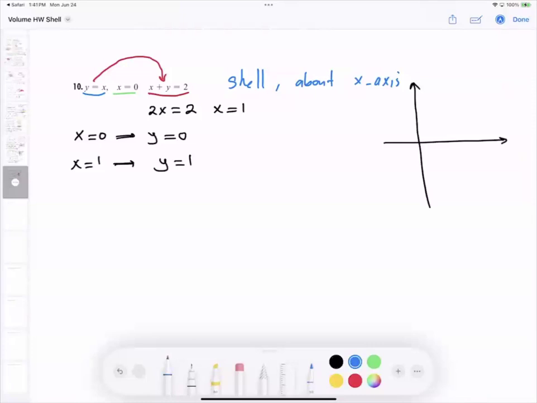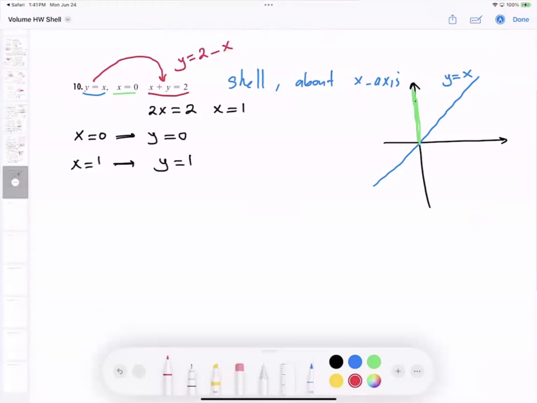x equals y. This is just an increasing line. So y is equal to x. The other guy is x equal to 0, which is your y-axis. And the other guy is y equals 2 minus x.